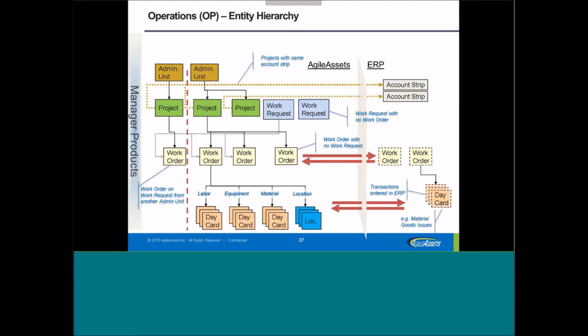As I said before, locations can be in terms of a location on the roadway, for instance, this route from mile point this to mile point that, or they can be locations in terms of assets. I worked on this particular road segment asset, or that particular sign asset, or this particular guardrail asset. All right, so that's a little bit of an introduction to the entities involved in the operations area.